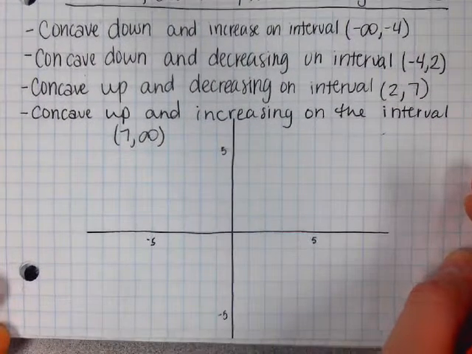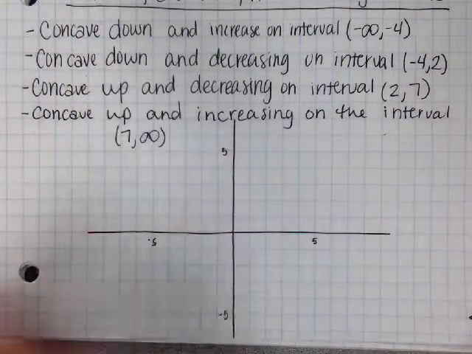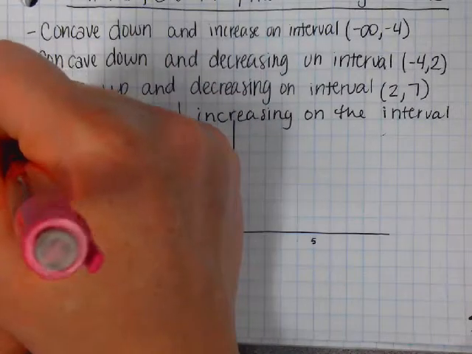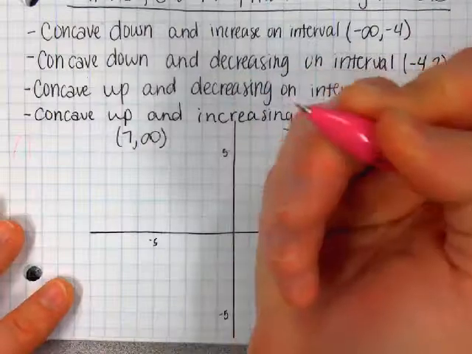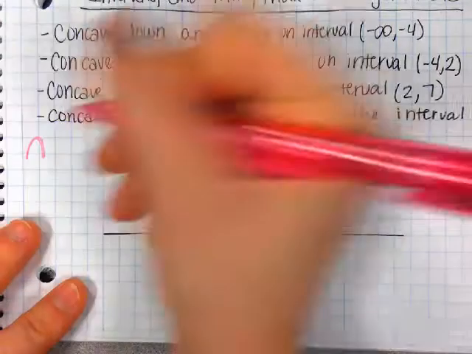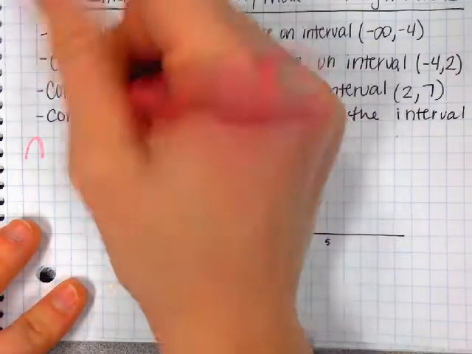So if it's concave down, remember, I'm going to use pencil just so that I can erase it. Concave down on the interval. So concave down looks like this. So this is concave down, and then this is concave up.